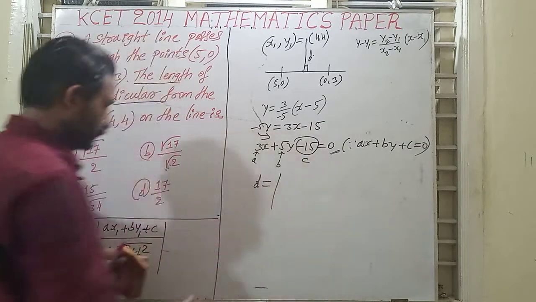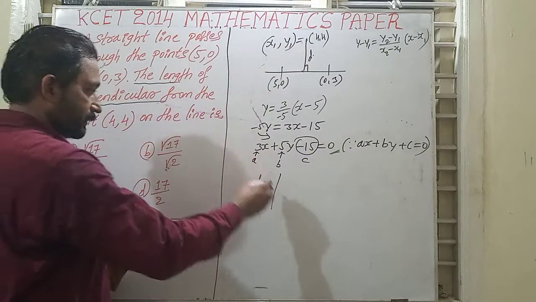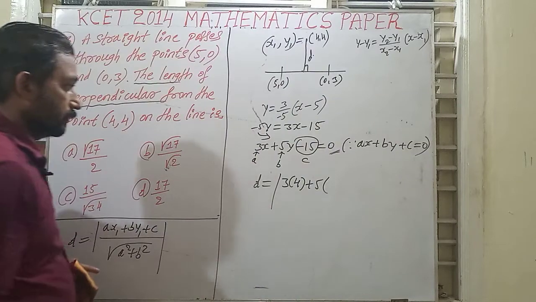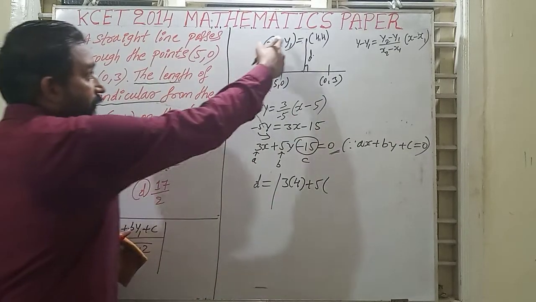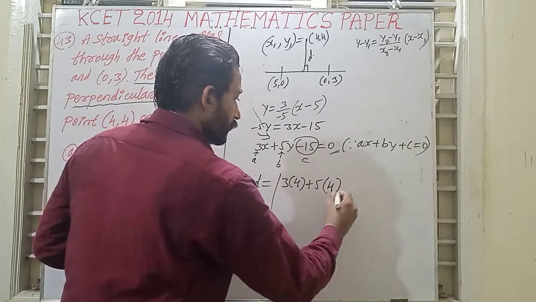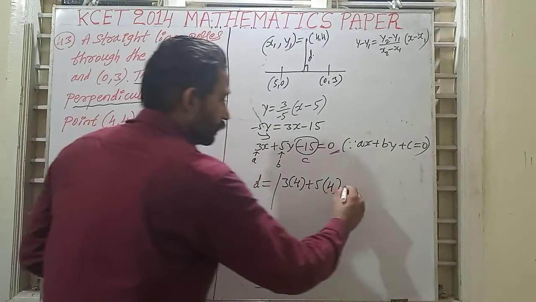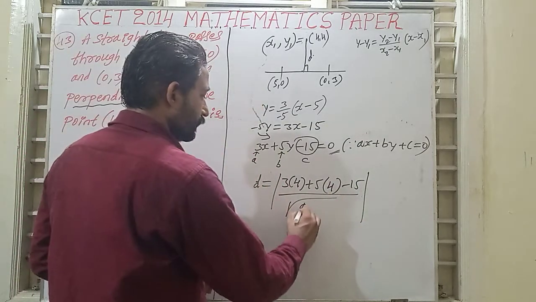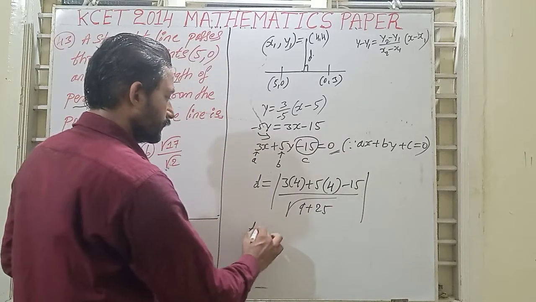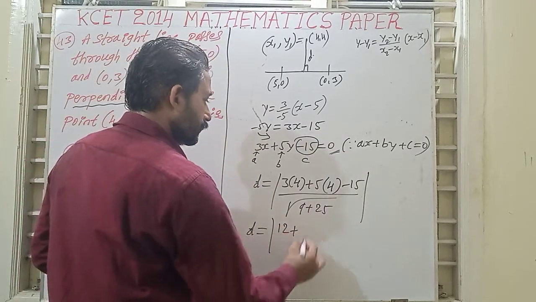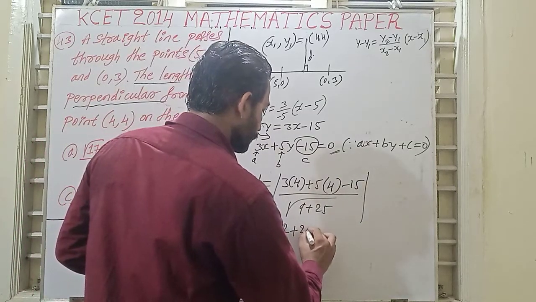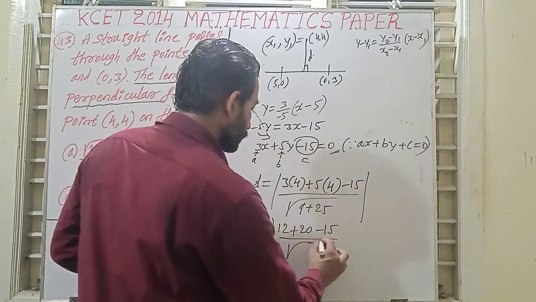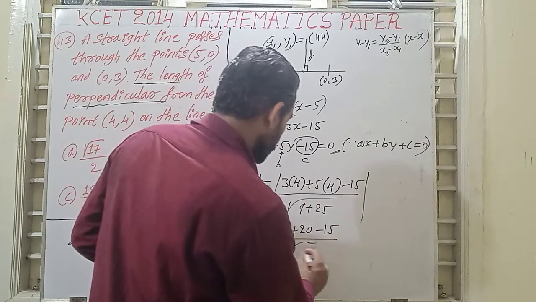Using the formula, a into x1, 3 into 4, plus 5 into y1, 5 into 4 once again, plus c, minus 15, divided by square root of a square plus b square. 3 square is 9, 5 square is 25. d is equal to 3 fours are 12, 5 fours are 20, minus 15, divided by 25 plus 9, which is 34.